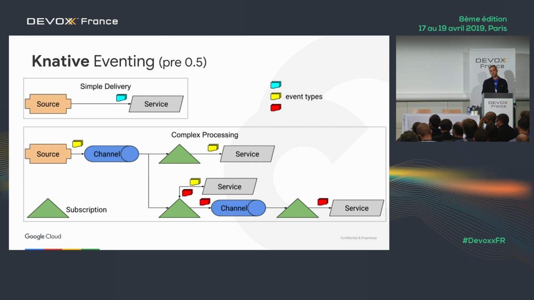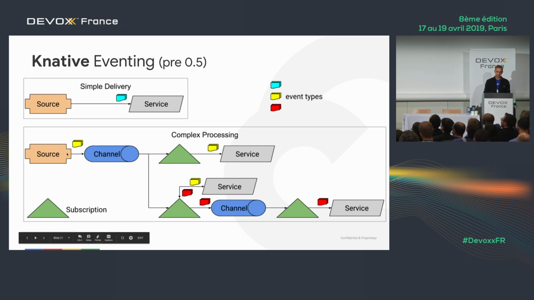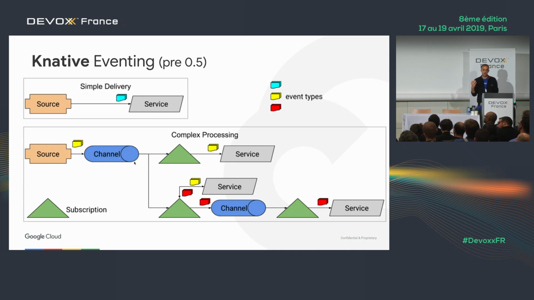Now, before 0.5, so up until 2 weeks ago, this is how Knative eventing looked. You would have a Knative source that listens for a source that you define. For example, if you want to listen for GitHub events, this source will listen for GitHub events and receive them. Then it will save it to something called a channel. A channel can be an in-memory channel or it can be a durable channel.